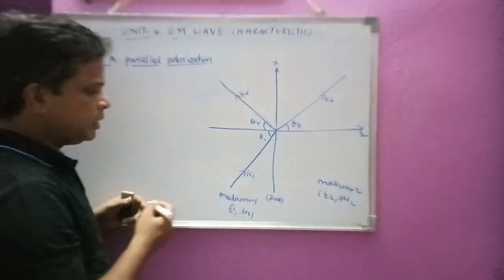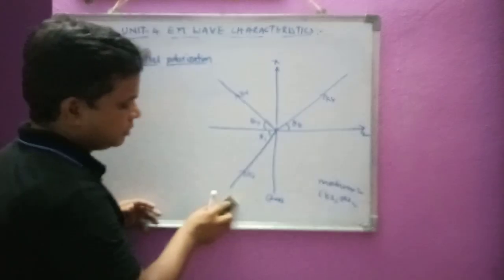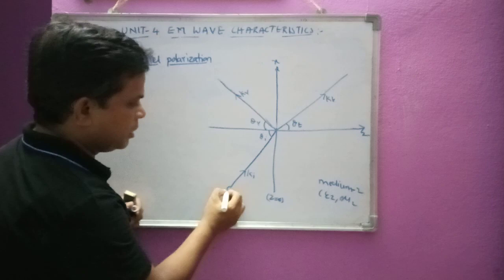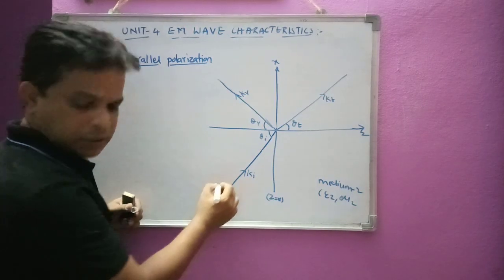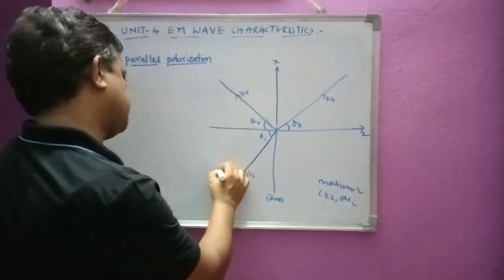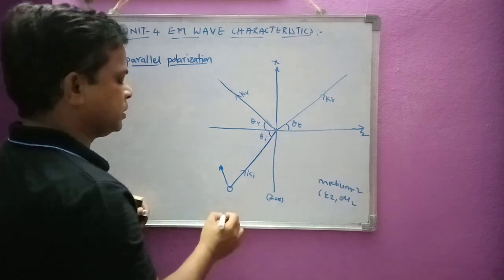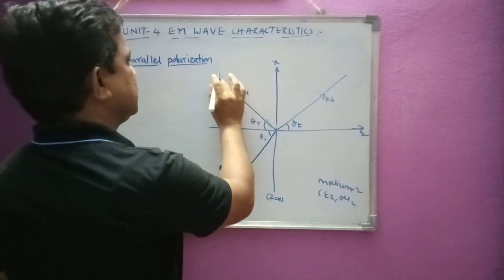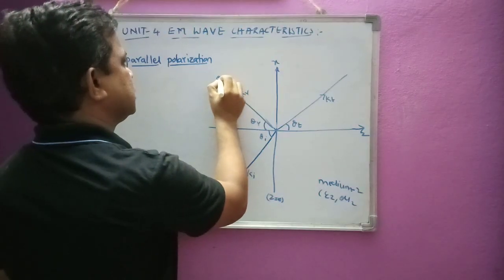Now I have to draw the fields here. First, the incident field. Let me draw this clearly. So the incident field is like this. It will have the polarization like this, and similarly here the electric field is like this.